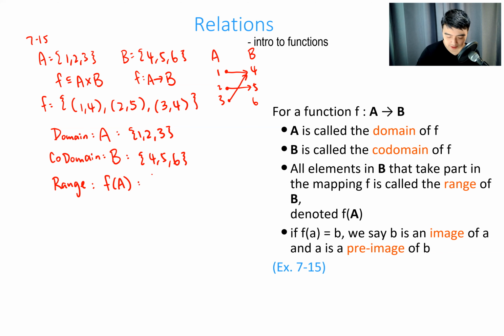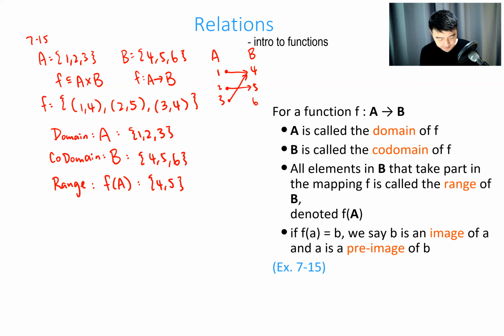The answer in this case is 4 and 5. 4 is used, 5 is used, but 6 is never used, so 6 is not part of the range. What you should find is that the range is always going to be a subset of the codomain. Whether we use all the elements or only one of the elements, the range will always be a subset of the codomain.